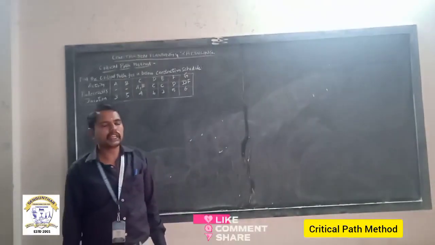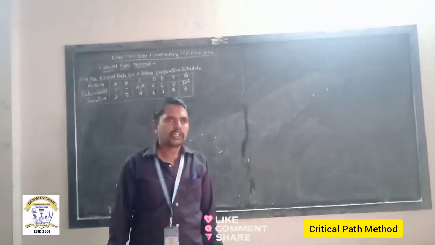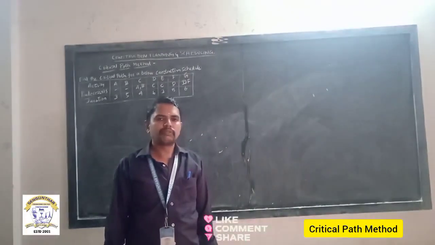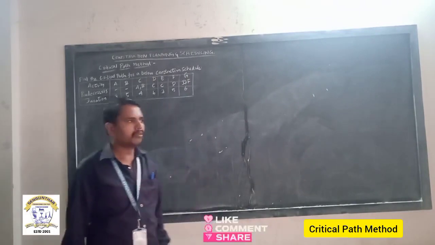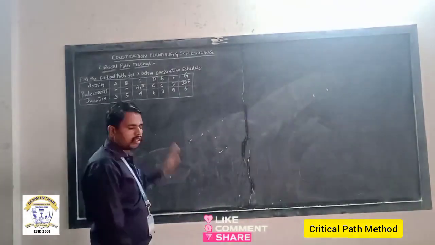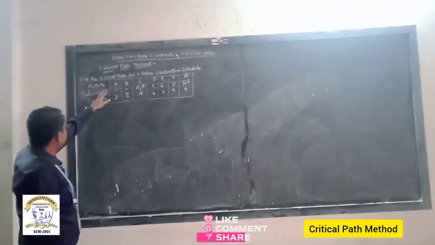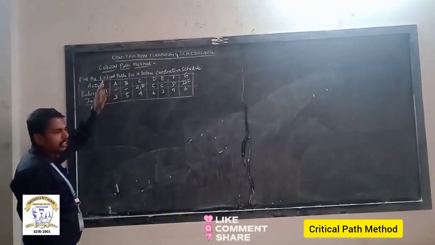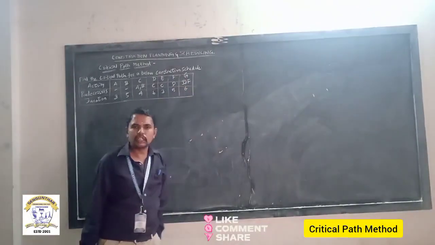The network diagram is very important. There are some thumb rules for drawing a network diagram. Based on those thumb rules, I have drawn the network diagram for this particular problem. In this problem, activity A is the starting activity, and the last activity is the ending activity.